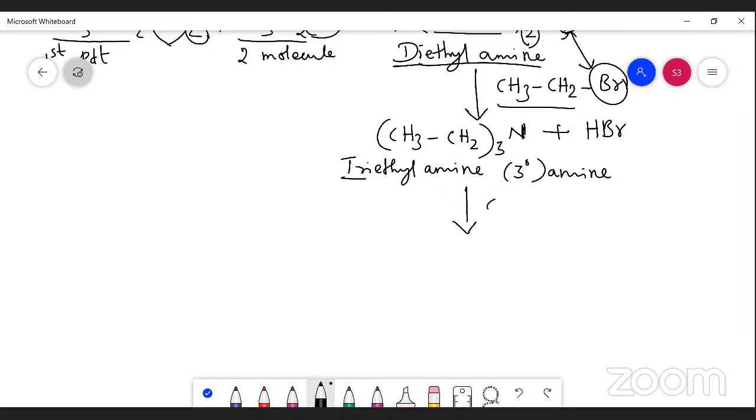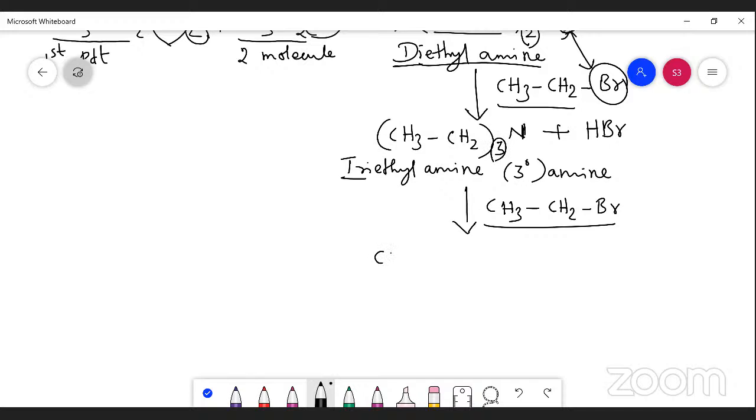If I add one more haloalkane, what happens? Okay, CH3CH2Br. So you take this. Now I am going to add this to the product. Now already 3 ethyl groups are present, plus one more.